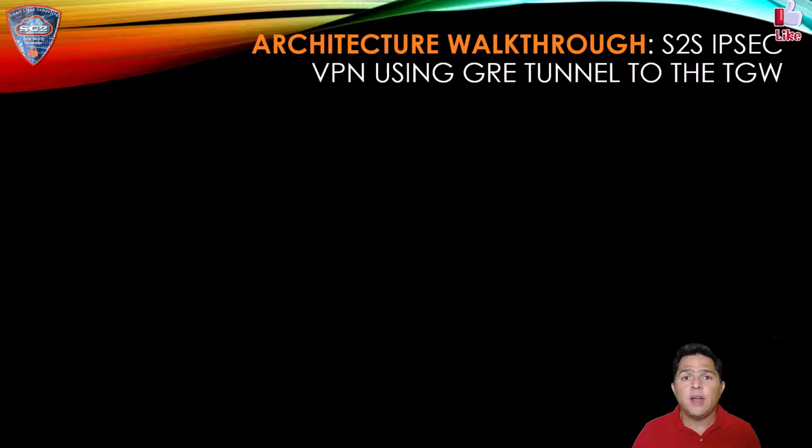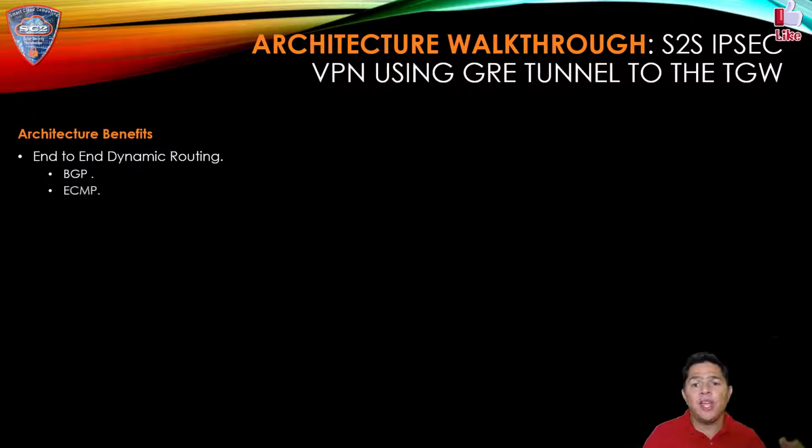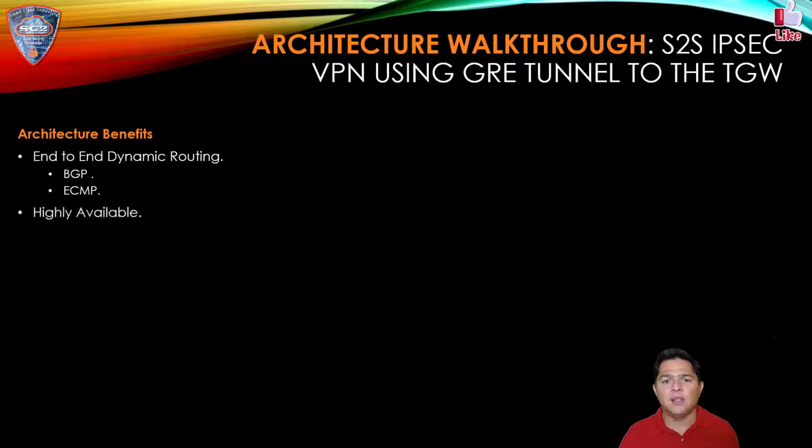In this video, I will give you an architectural walkthrough of the site-to-site IPsec VPN using GRE tunnels to the transit gateway. And one of the architectural benefits is that this provides end-to-end dynamic routing from on-premises to AWS, so you don't have to build any static routes.